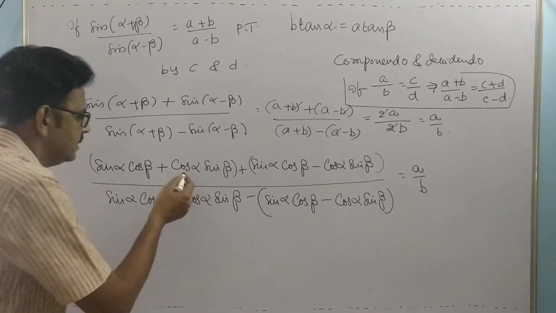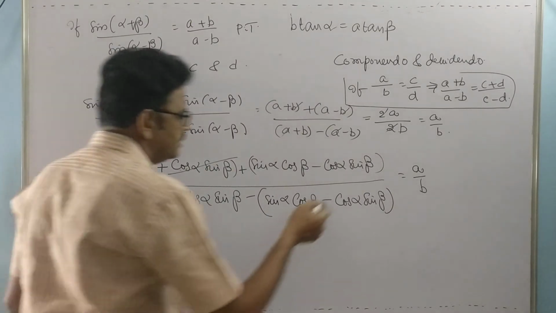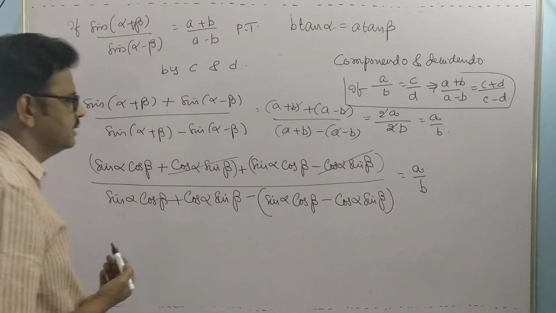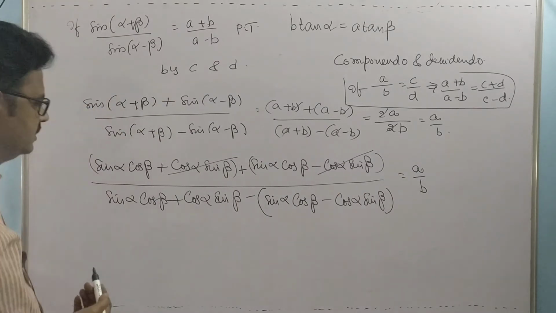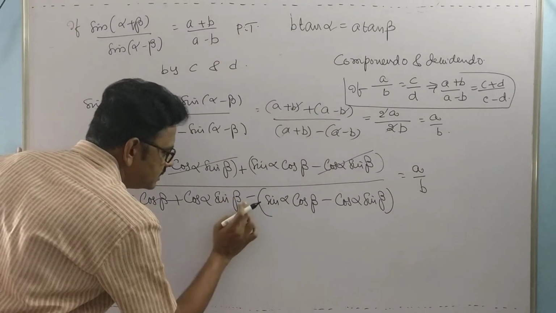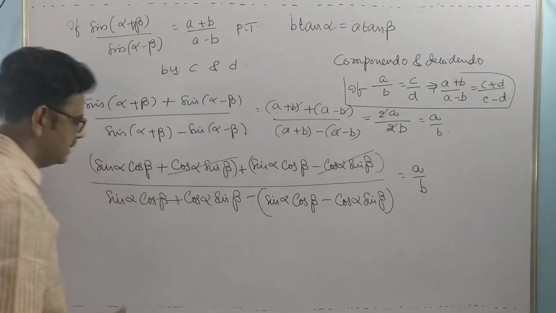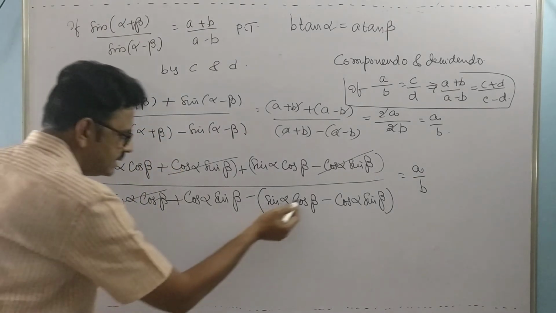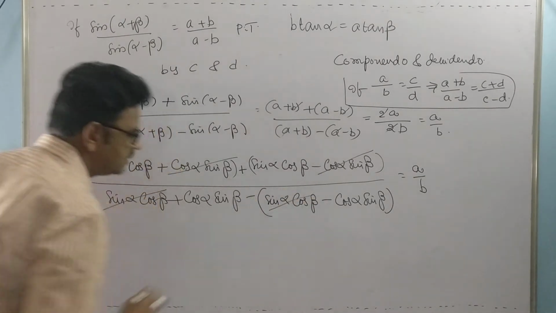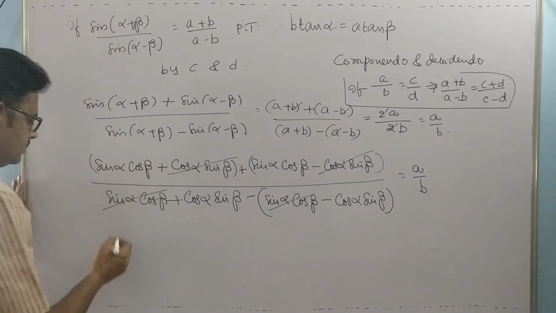Okay, cos alpha sin beta minus cos alpha sin beta gets cancelled. So if you are multiplying with minus, so this minus sin alpha cos beta. So again these two get cancelled. Minus of minus becomes plus. So that is equal to what?